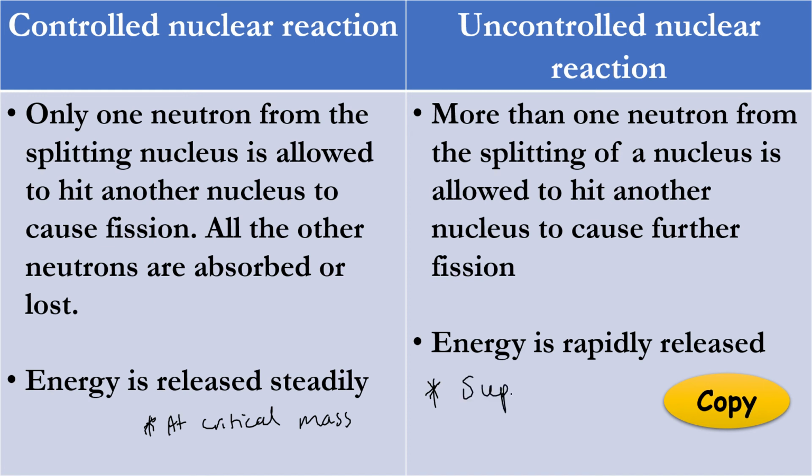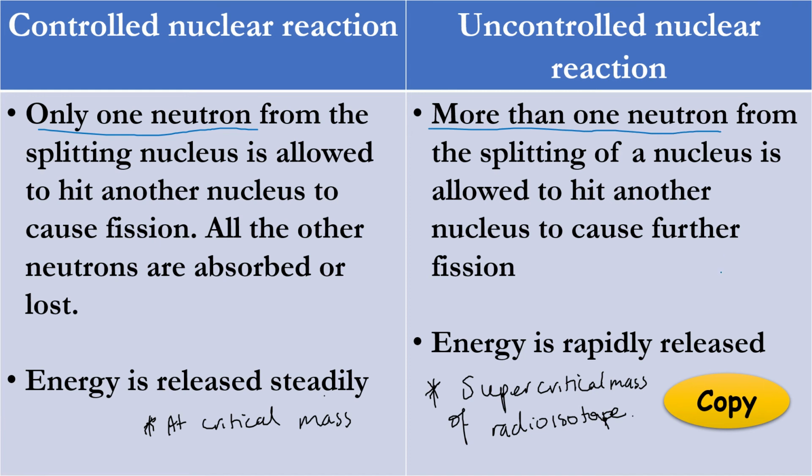So the supercritical mass of the radioisotope. That's what we're looking for. Okay, so just really be familiar with this difference. One is about only using 1 neutron, the other is using multiple neutrons.